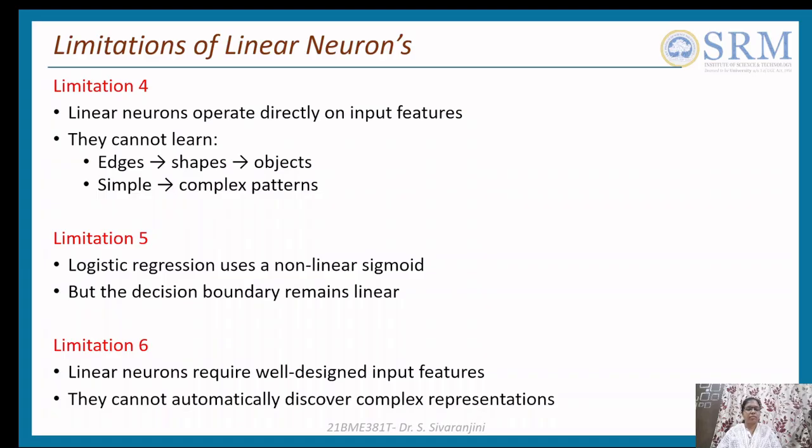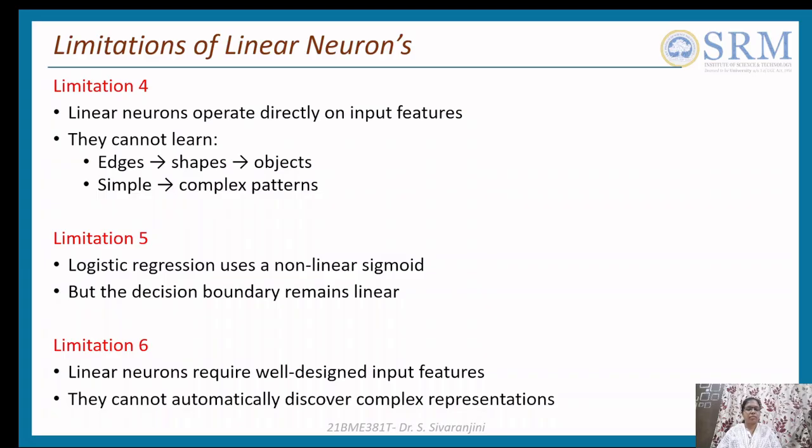We need a human designer for that, and there is no learned transformation of the raw input space, unlike deep networks where hidden layers learn their own feature representations through backpropagation. The backpropagation training algorithm is used so they learn to correct their errors.